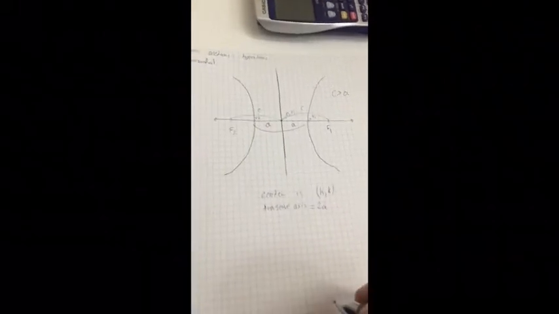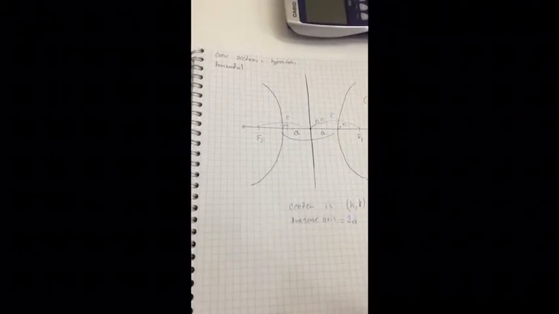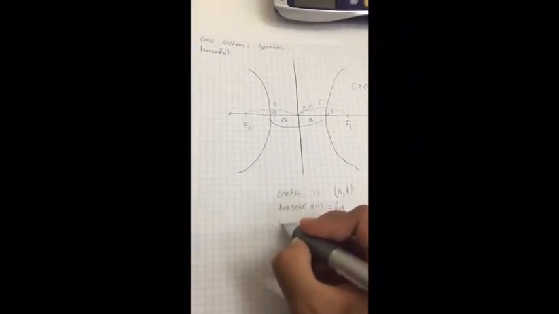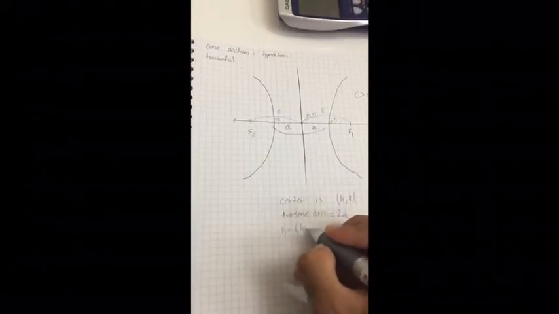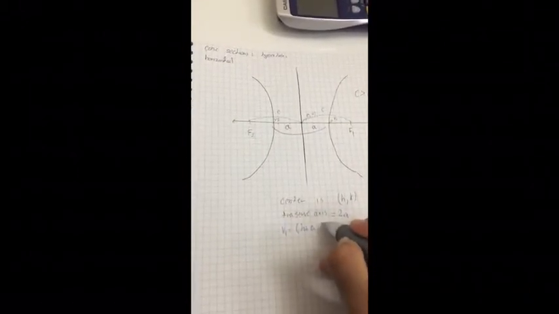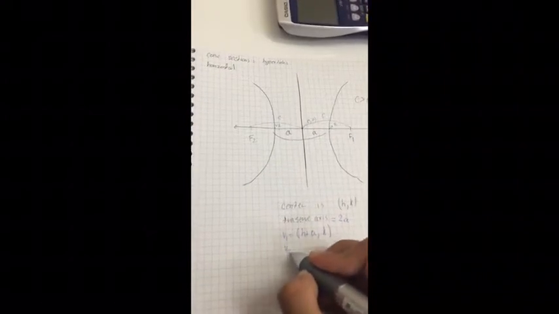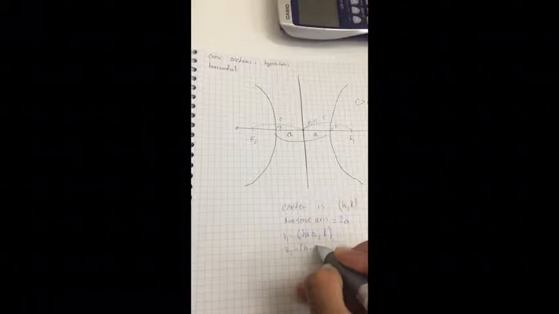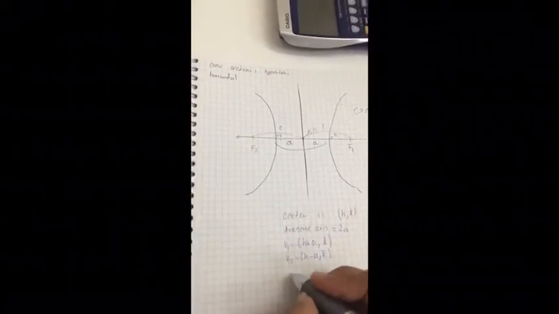So what we can conclude here is that v1 is equal to h plus a, and k stays the same, and v2 is h minus a, k. k stays the same.